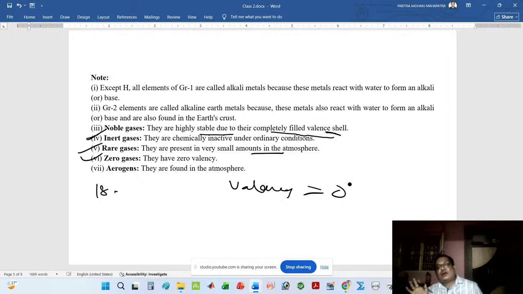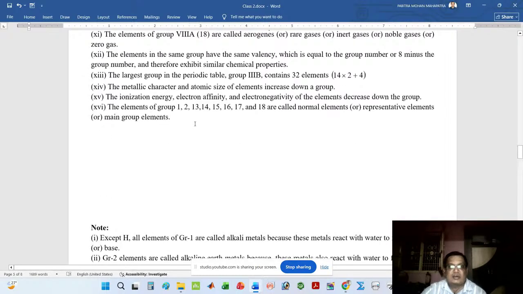They are present alone, so the valency is zero. So they are said to be zero gas. Why are they called aerogens? Because they are found in the atmosphere. There are many names of group 18 elements: noble gas, inert gas, rare gas, zero gas, aerogen; you can call them by any name.